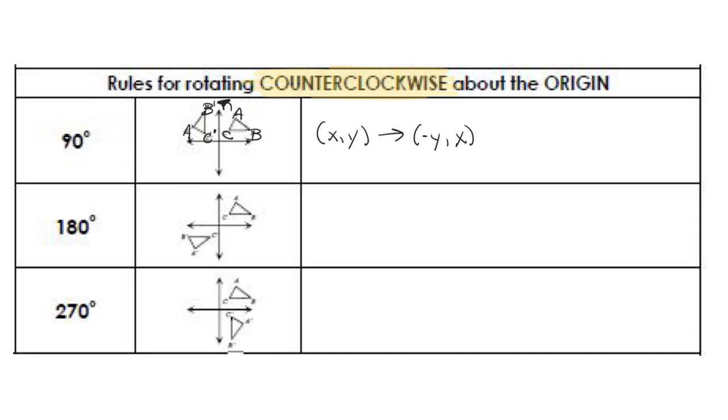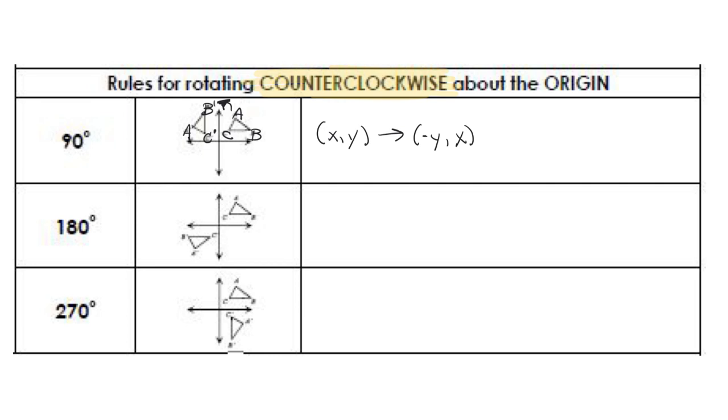So what that says is when I rotate it counterclockwise, my original y will now become negative and turn into my x, and my original x will now be in the second place and end up being my y. In a minute we'll go over some of that and it'll make more sense. But this is the rule to help explain what happens mathematically without having to move the object.